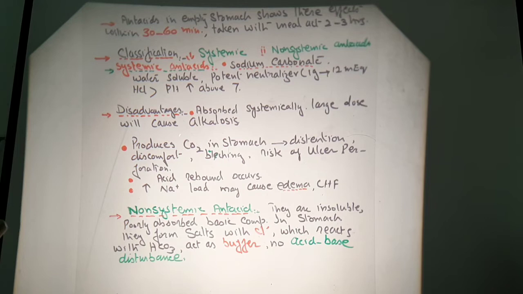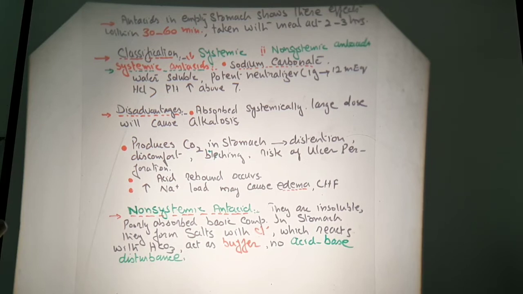Because carbon dioxide is a gas, it may cause distension. Whenever there is abdominal distension, the patient feels discomfort and belching, and there is a risk of ulcer formation. Ulcer perforation means that perforation takes place in the ulcer. So that's why there is risk of ulcer perforation.